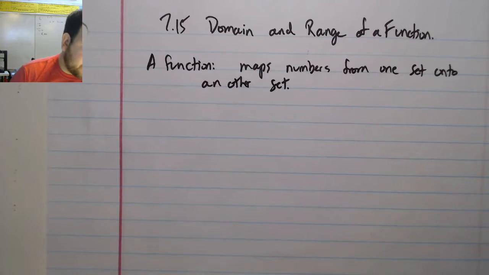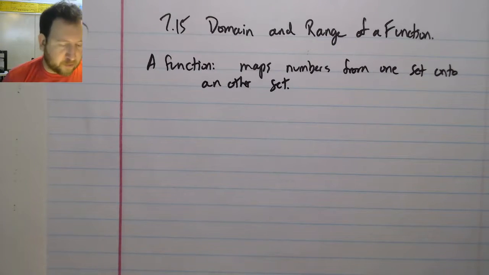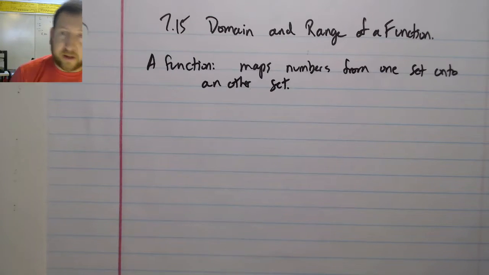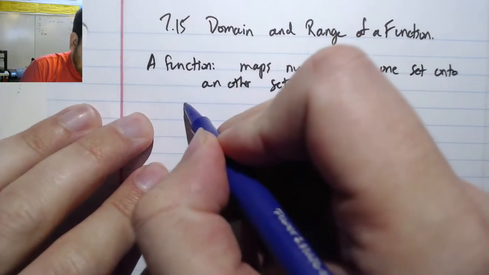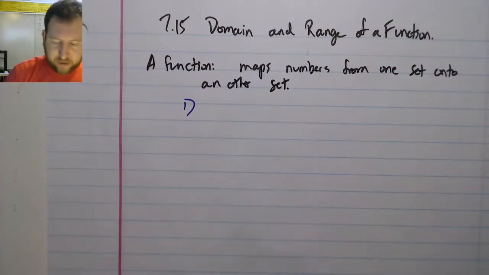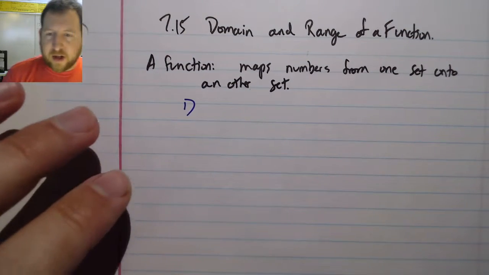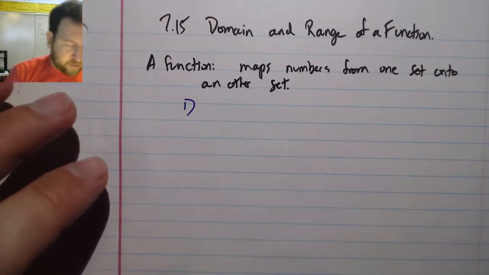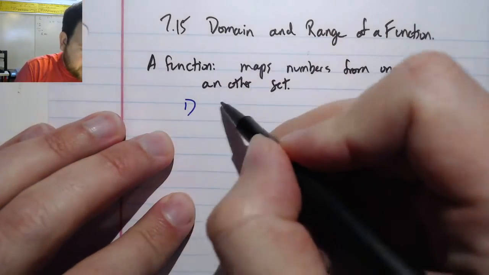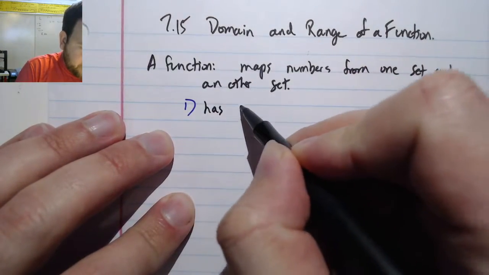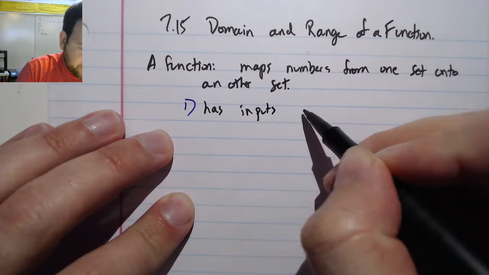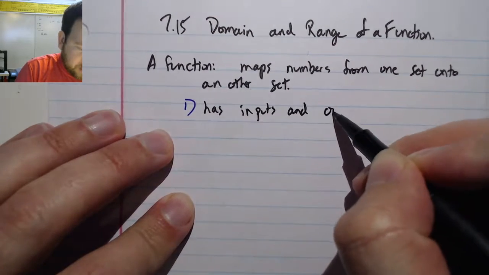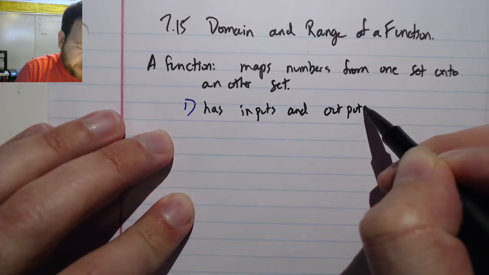But in order for something to be a function, it needs to have a couple requirements. So now I can use my colors. My first requirement is that a function has inputs and outputs.